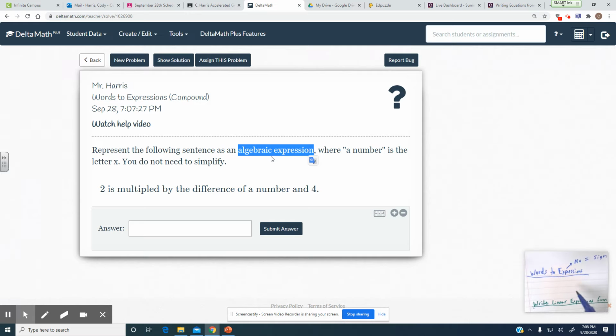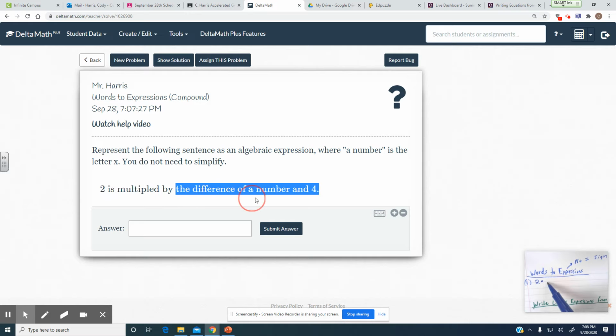So if we have 2 being multiplied, I've got 2 times, and this is the first problem I'm working out here. It's being multiplied by the difference of a number and 4. That word difference means subtraction. So we're multiplying 2 by a subtraction problem. How do we split off the subtraction problem so that we do it first before the multiplication?